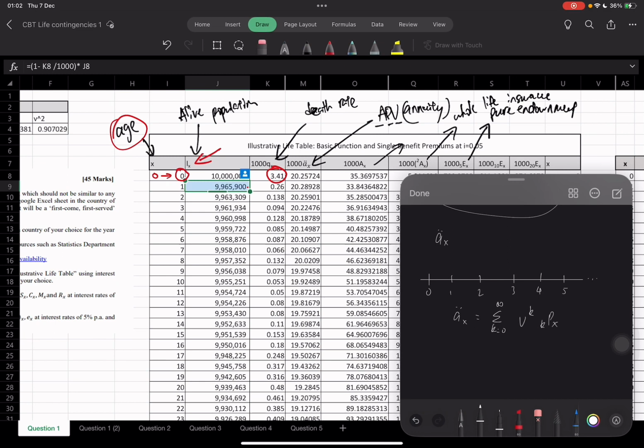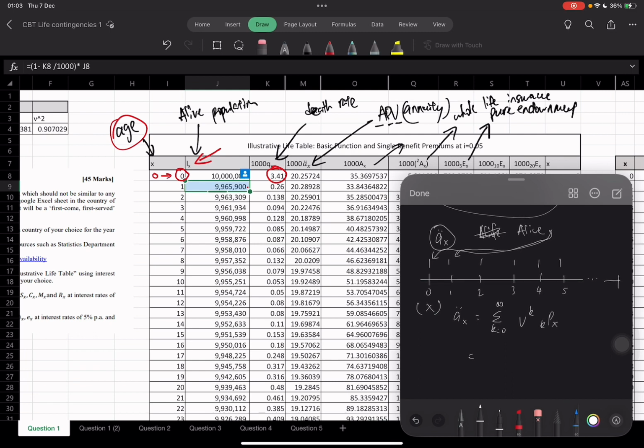The next data we need to calculate is the actuarial present value of annuity. For every insurance, we need to make payment. Let's assume each year a payment of 1, as long as a person is alive. He needs to pay for insurance. So here we can see that the person pays insurance at the year the insurance is purchased.